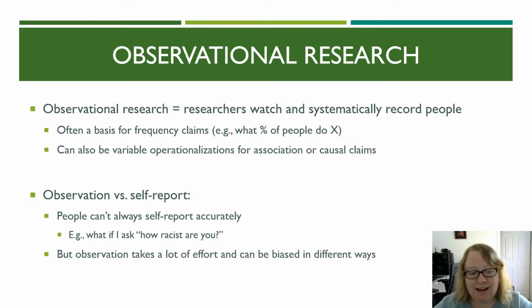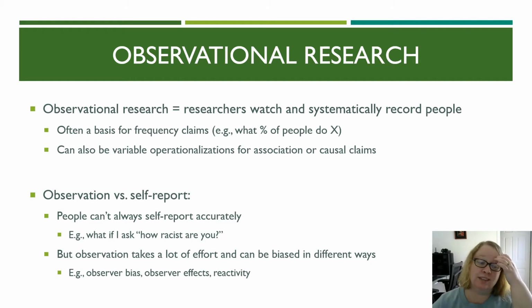However, that doesn't mean that observational measurements are always the best. And that's because they take a lot of effort, way more than self-report. It takes way more time to observe people's behavior than it does to just ask them about it. And importantly, observational measurements can be biased in some really important ways that might really affect the quality of the data, the construct validity of the data.